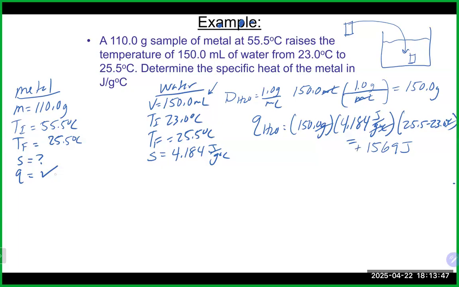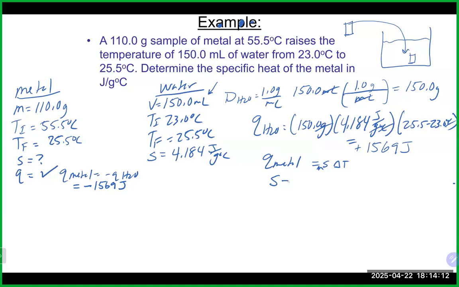We then can use our Q of the metal equals minus Q of the water, which means the Q of the metal will be negative 1,569 joules, as it will be exothermic for the metal. With that, we now have everything we need to solve for our metal using the same specific heat equation, maybe with an M in there.